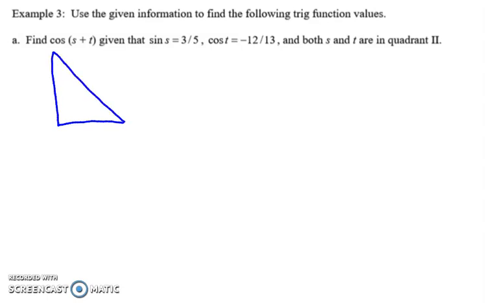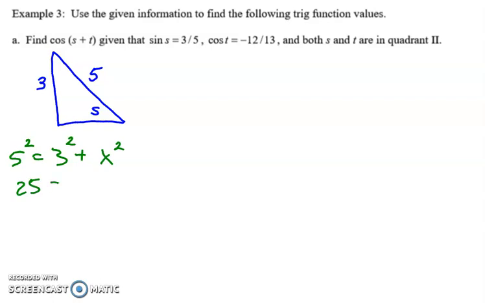So let's look at s first. If the sine of s is 3/5, you know that that's 5 and that's 3. So we can do the Pythagorean theorem to find that x value, knowing it has to be negative. So 5 squared is equal to 3 squared plus the x squared that we're looking for.